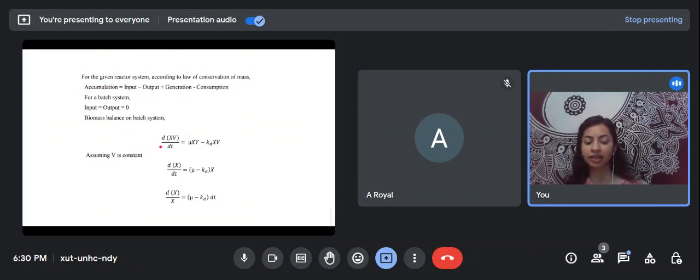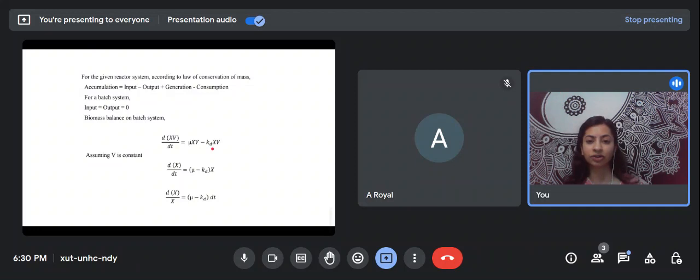So the accumulation term will be the dXV by dt. So the change of the biomass in the volume over a period of time, right? And that will be equal to the generation, which will be equal to the specific growth rate, mu, into the biomass and the volume, minus the consumption rate, right?